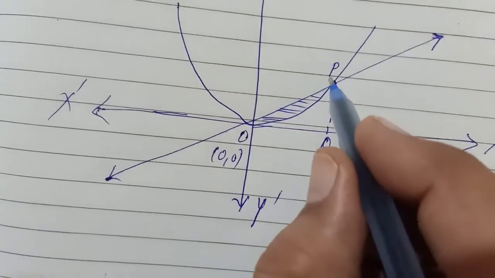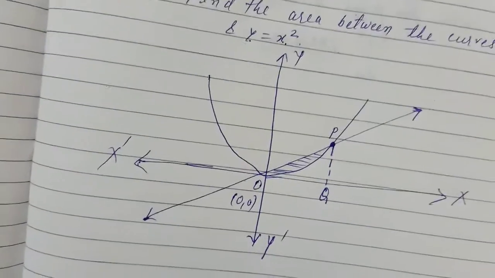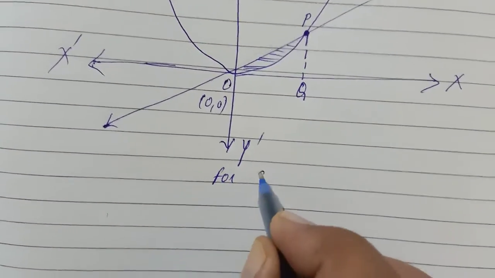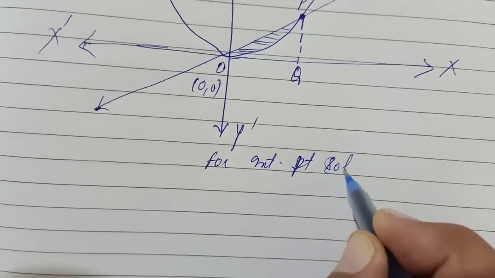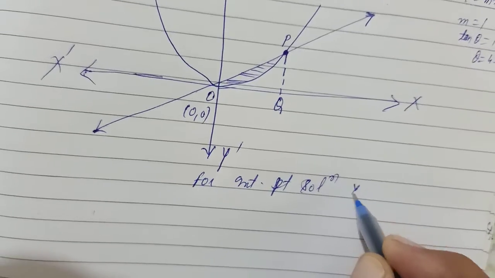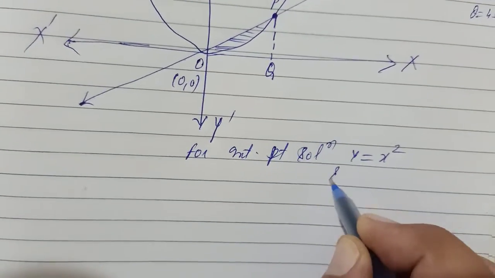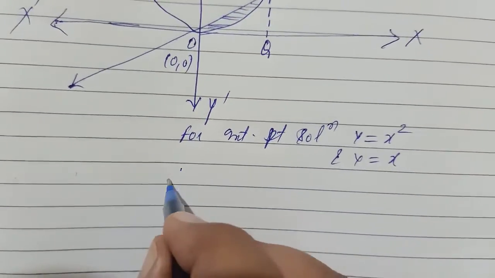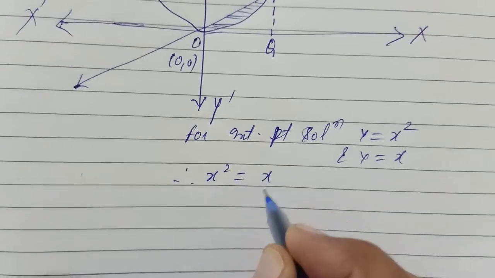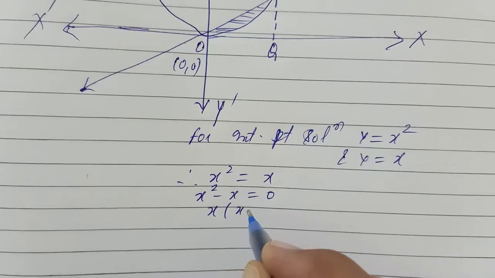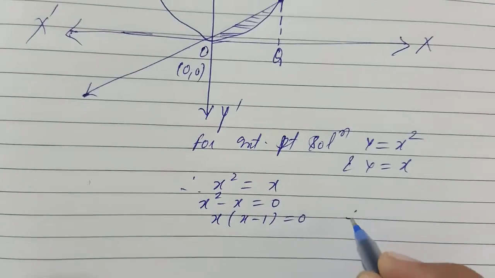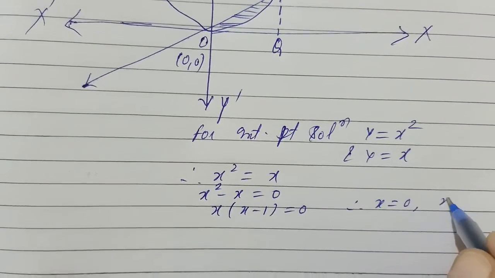But limits are required. We need to find the intersecting point. How will you get the intersecting point? For the intersecting point, solve y equal to x square and y equal to x, that is x square equal to x, so x square minus x equal to 0, x common, x minus 1 equal to 0, we get x equal to 0 and x equal to 1.